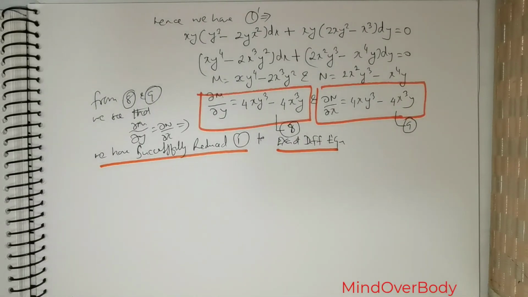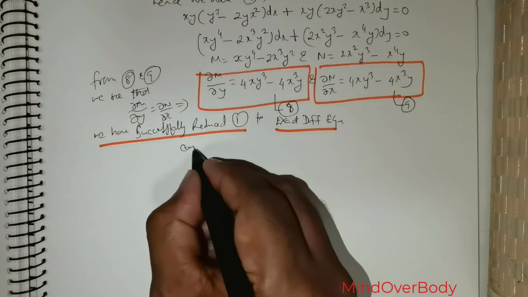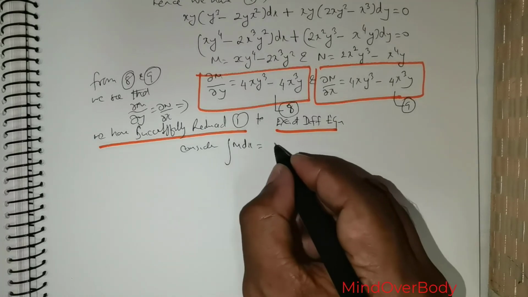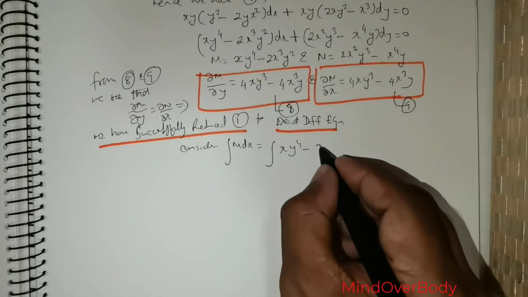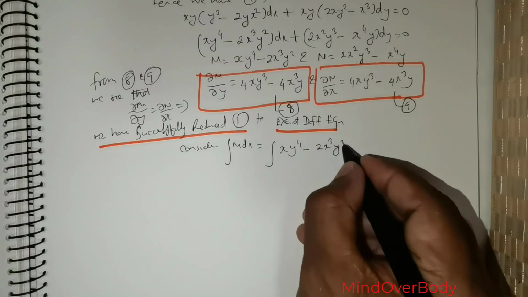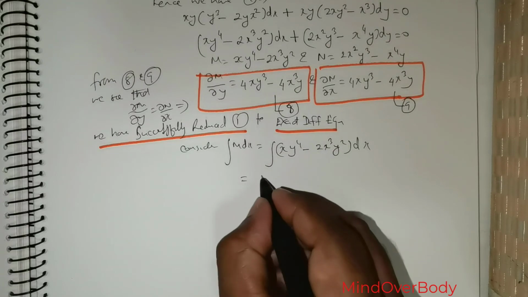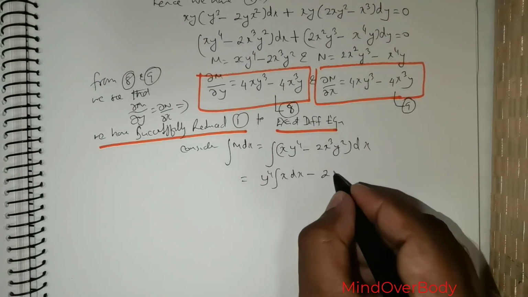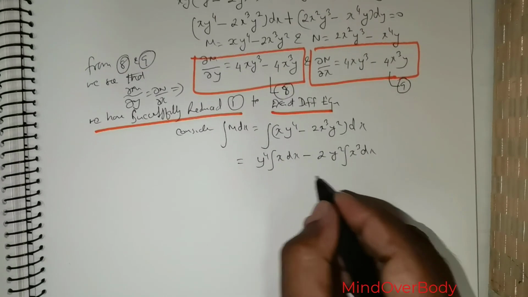So once we have reduced it to the exact differential equation, we can go on to consider integral m dx, which is nothing but integration of x into y raised to the power of 4 negative 2 times x cubed y squared times dx. Y is a constant, so you get integral x times dx negative 2 times y squared integral of x to the power of 3 dx.